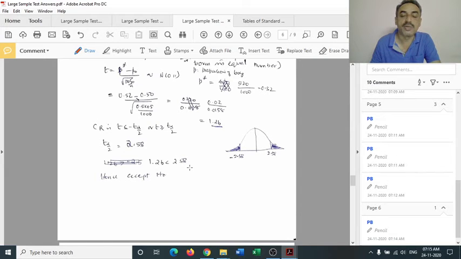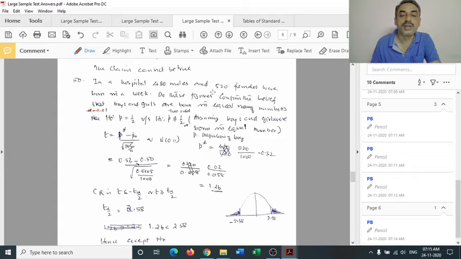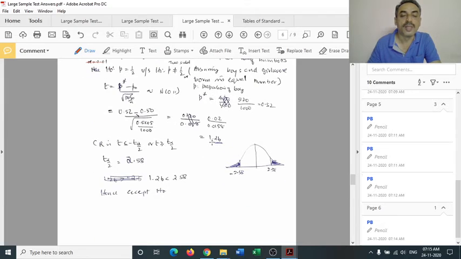We have to accept the hypothesis, which means that the hike from 500 to 520 is insignificant. There is no reason to reject the hypothesis that boys and girls are born equally in a week. Even though there is a hike from 500 to 520, boys and girls are born equally in a week.